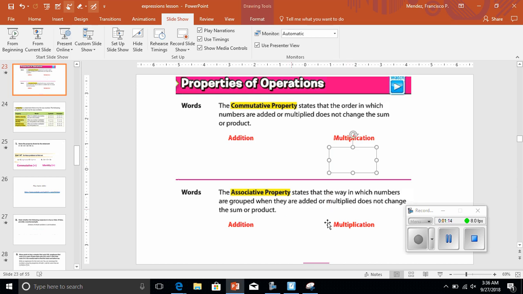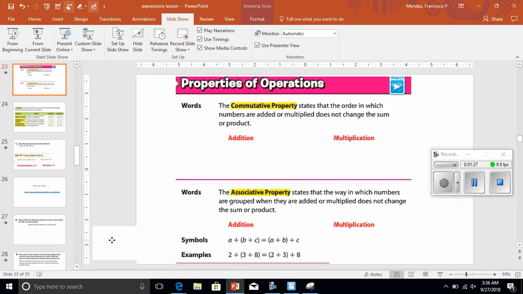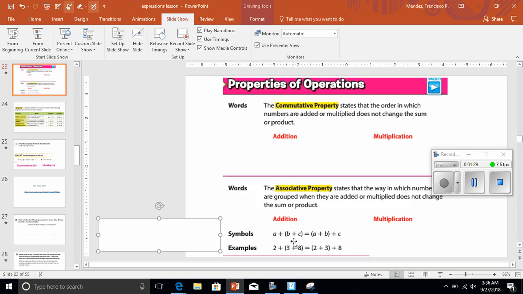Next, we got associative properties. Under associative properties, it says that the way in which the numbers are grouped when they're added or multiplied does not change the result. So in addition, I could say that I have (A plus B) plus C, and that's going to equal A plus (B plus C).